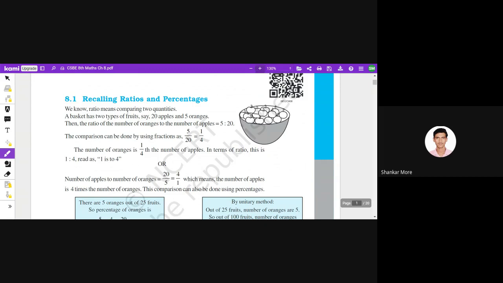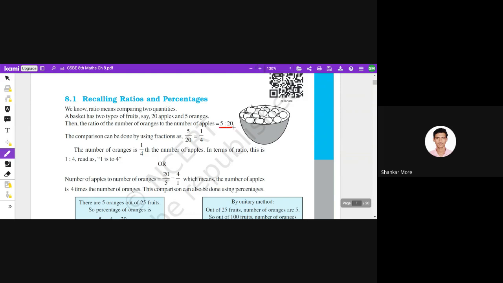In order to learn ratios and percentages, we are taking one example here. Here's a basket of fruits, and there are 20 apples and 5 oranges in it. If we had to write the ratio of the number of oranges to the number of apples, then we can write it as 5 is to 20.